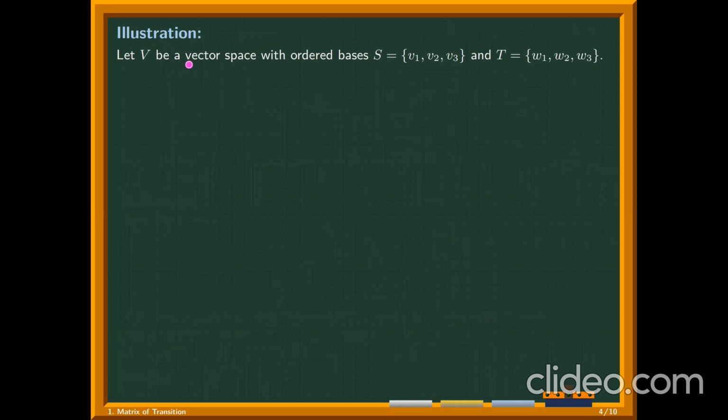Suppose we have a vector space with ordered bases S and T. So S has elements V1, V2, V3. T has elements W1, W2, W3.